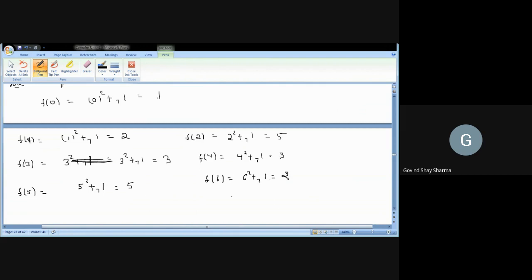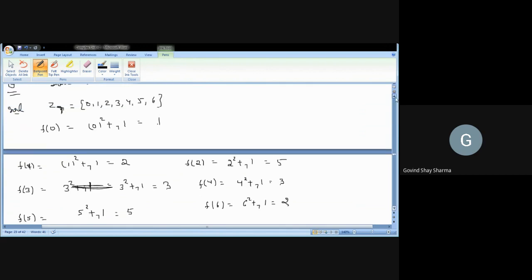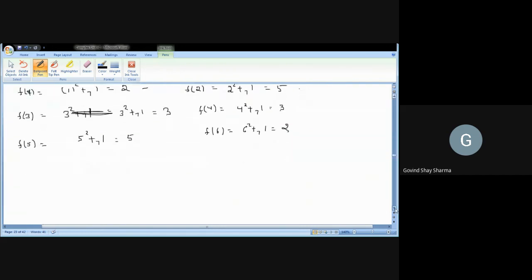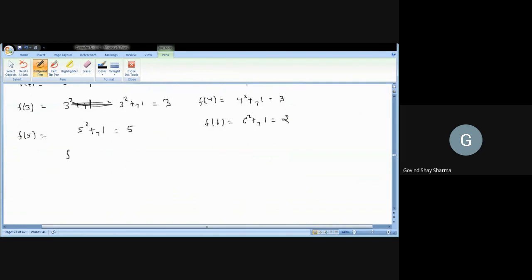So we see that for this polynomial x square plus 1 mod 7 we get 1, 2, 5, 3, 2, but for no value from Z7 do we get f equal to 0.